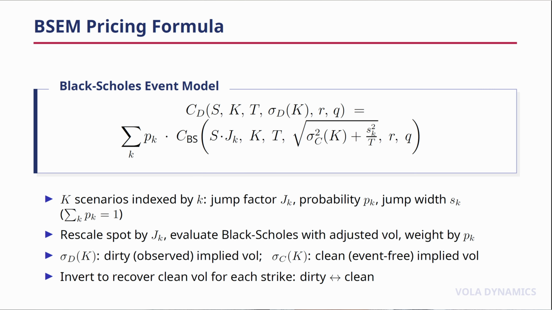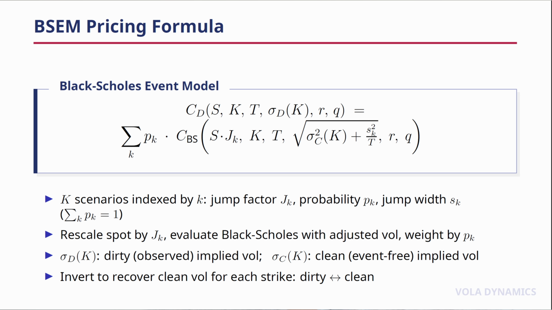In this case, to calculate an option price under such a model, you can call the Black-Scholes formula two times with the spot shifted up and shifted down, and take the weighted average of the two, and that's going to produce the option price for European options. For now, we're only considering European options.